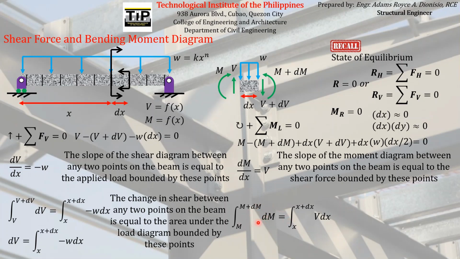And if we simplify the left portion of the equation, we can easily see that the simplification of this integral is just equal to dm. So that dm is just equal to this.